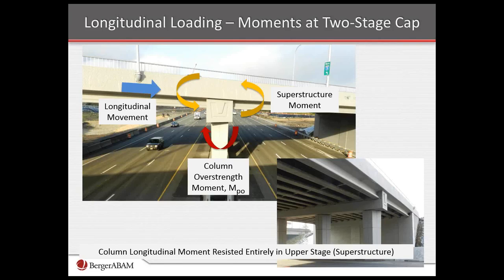And that is a higher moment, actually, than the column overstrength moment because of the additional length of the first stage cap beam down below the superstructure. But the joint region is really up in the superstructure and the projection of the superstructure depth with the cap beam below.